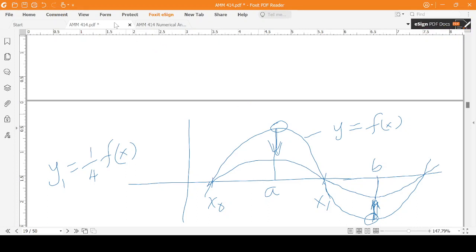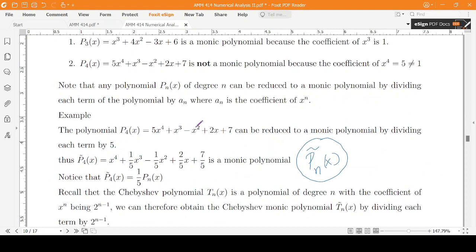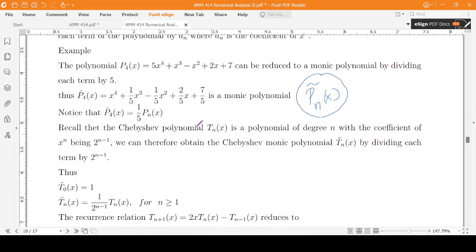So basically, we want to look at the Chebyshev monic polynomials. We had looked at the Chebyshev polynomials, and we had seen that the Chebyshev polynomial Tn of x could be expressed with 2 raised to power n minus 1. Sorry, I'm making errors here.